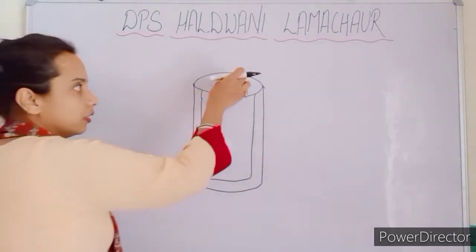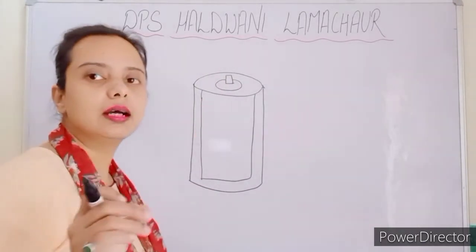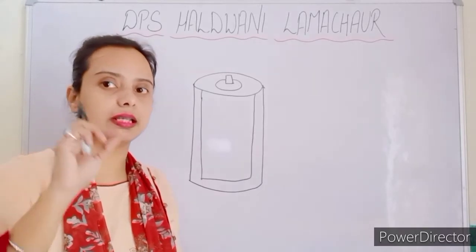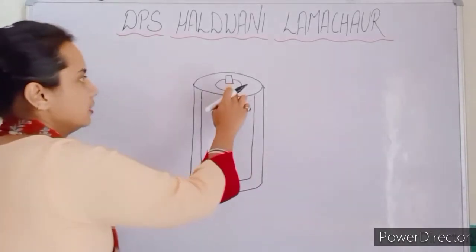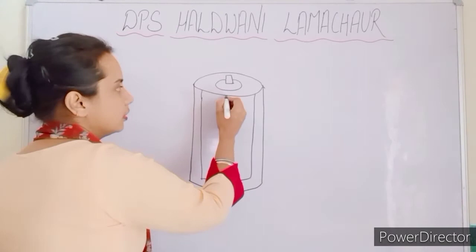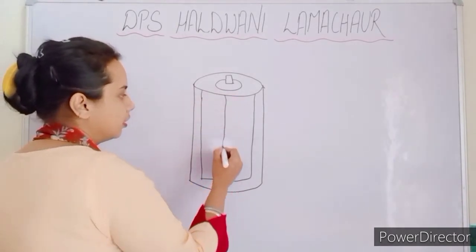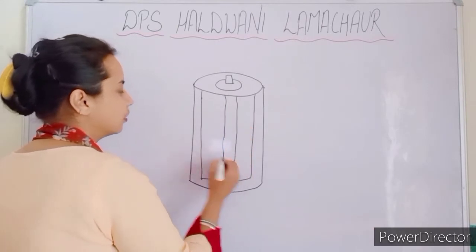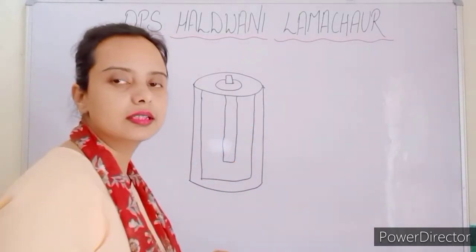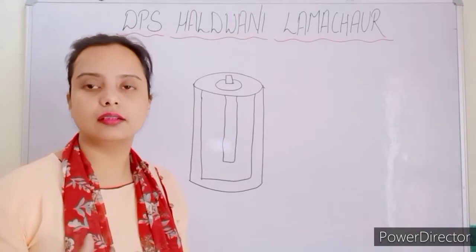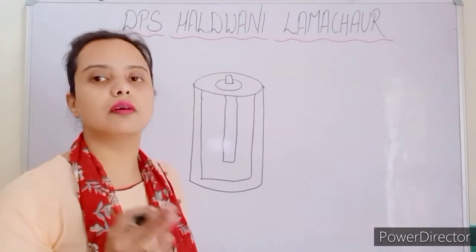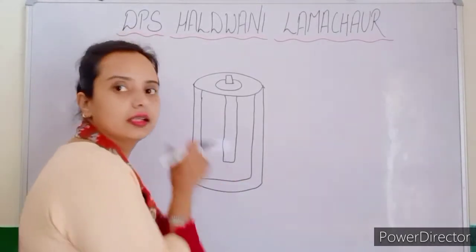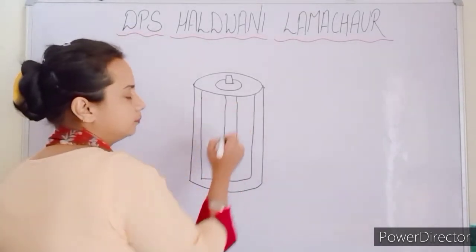Here at the top of the cell you have seen a metallic cap is there. ठीक है, सेल के ऊपर क्या होता है, छोटा सा मेटल का कैप लगा होता है. This is that cap, and inside it a carbon rod is there. This is a carbon rod, which is also known as graphite. Graphite क्या होता है, that is a form of carbon only. इसलिए हम उसे carbon rod भी कहते हैं. That is of a green color.